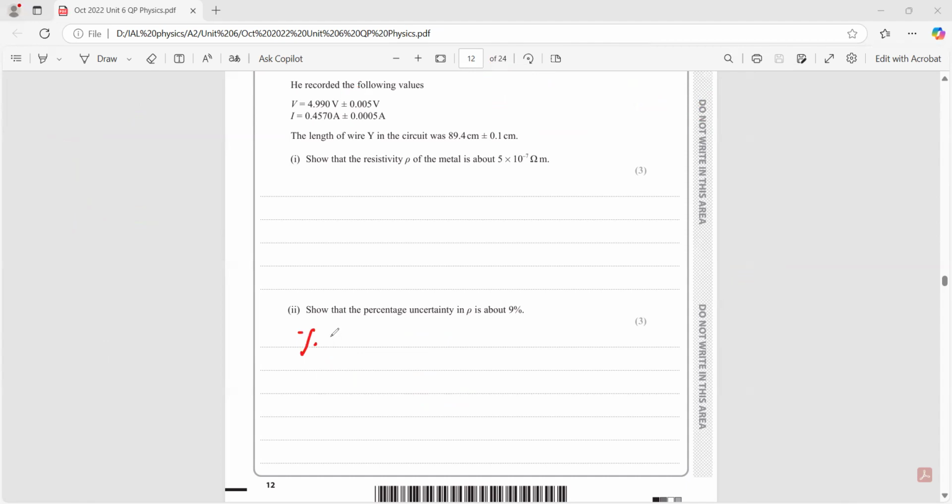So if I want a percentage uncertainty in R, because R is calculated by voltage and current, I'll find the percentage uncertainty in voltage and the percentage uncertainty in current and I will add them, because R is calculated by a ratio between voltage and current.